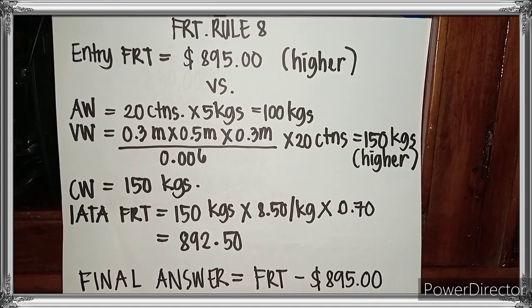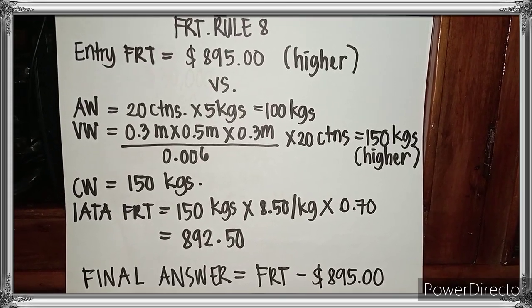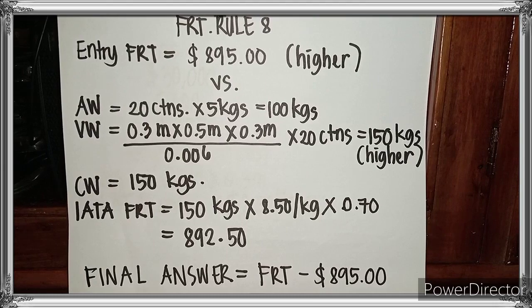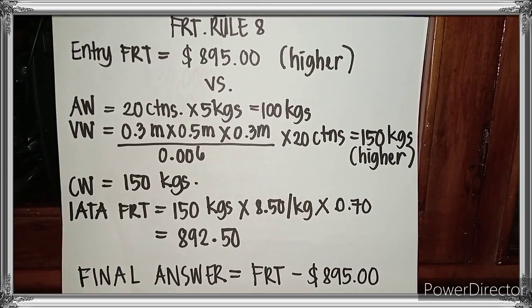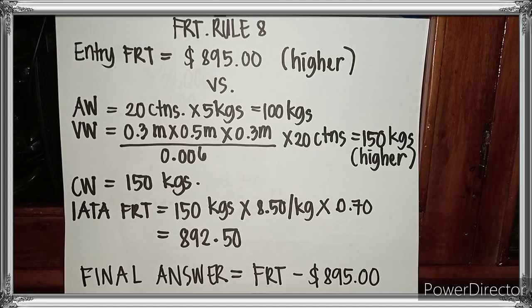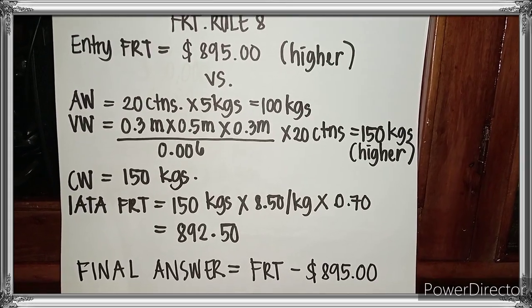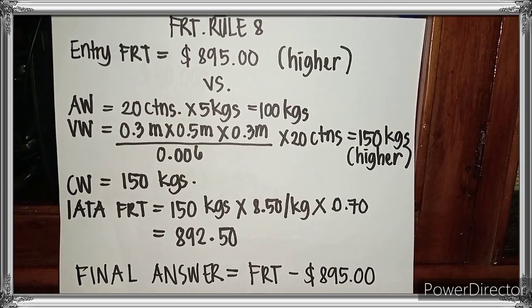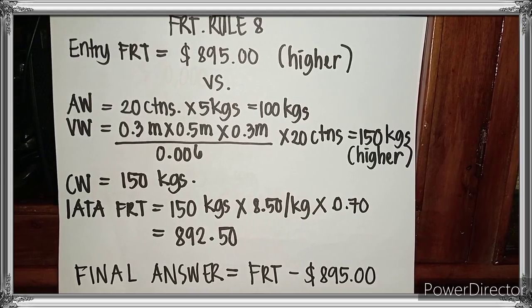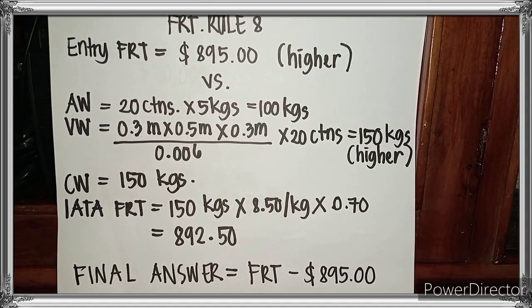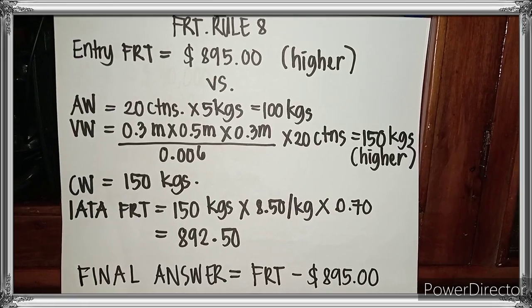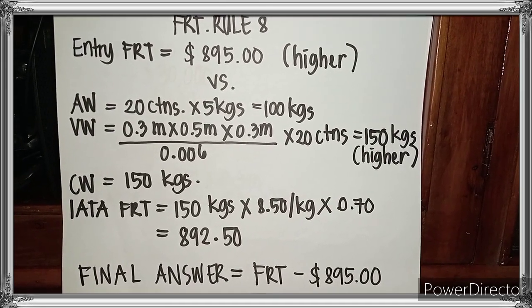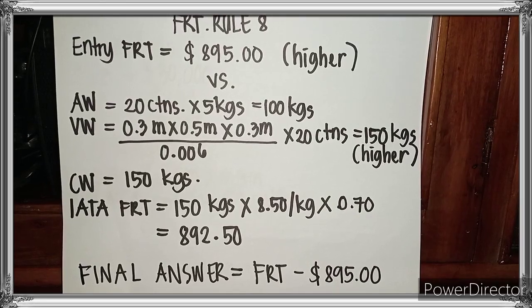So according to the rule, we will need to compare whichever is higher between the actual weight and the volume weight. Whichever is higher between the two is the volume weight, amounting to 150 kilograms. So we now have a chargeable weight of 150 kilograms.